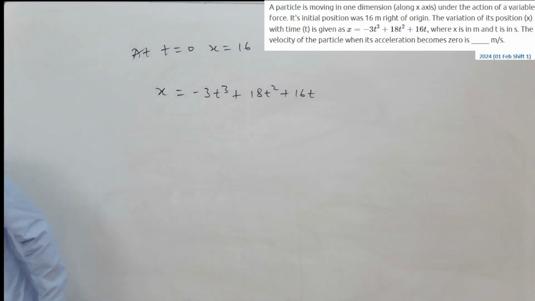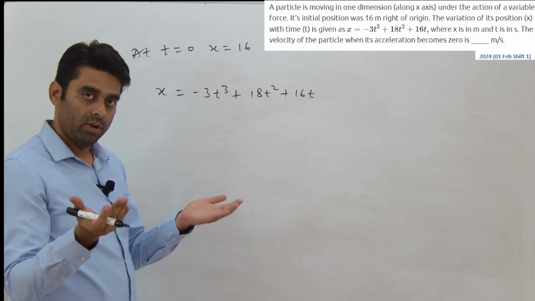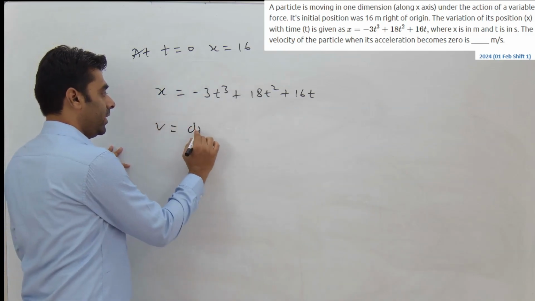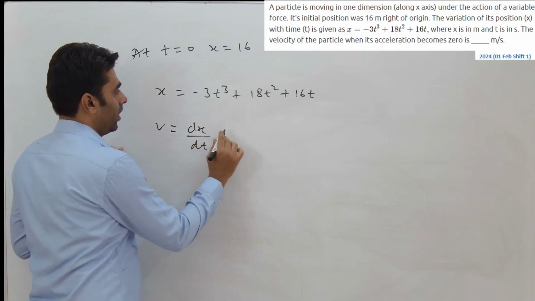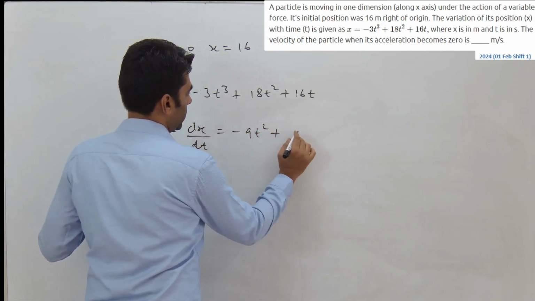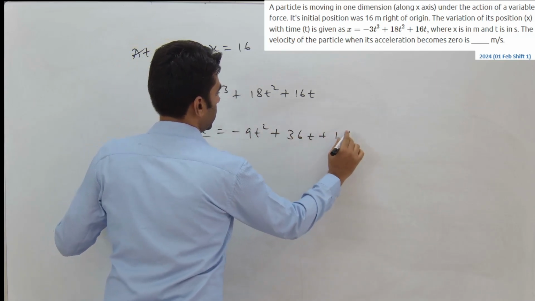Now this question, an identical type of question, came in the previous shift also. We have already done it, but let's solve it over here. Velocity will be what? dx by dt. How much will we get? Minus 9t square plus 36t plus 16.